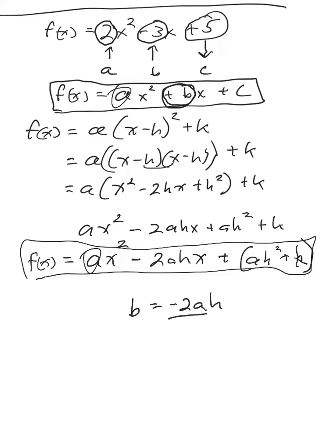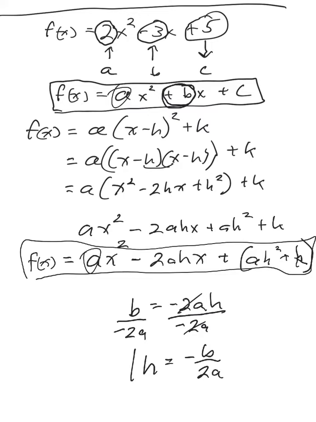If I divide both sides by negative 2a, I get a formula for h: h equals negative b over 2a.